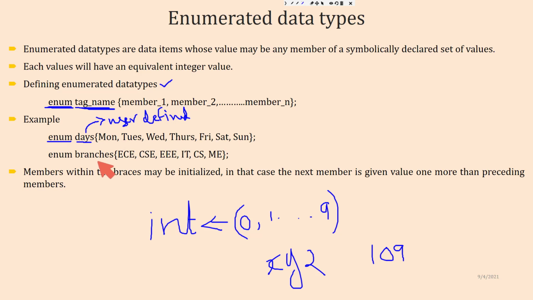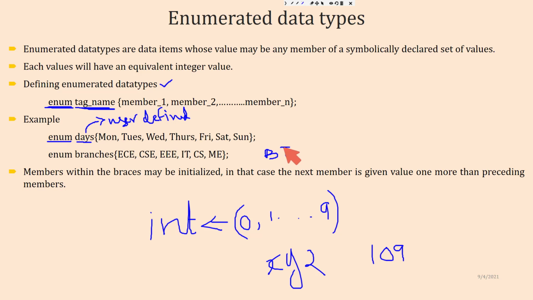Similarly, another one is there, branches. This is about the branches in our college. So branches can take only either of these values. Suppose there is some other branch, let it be biotechnology, that is not there.